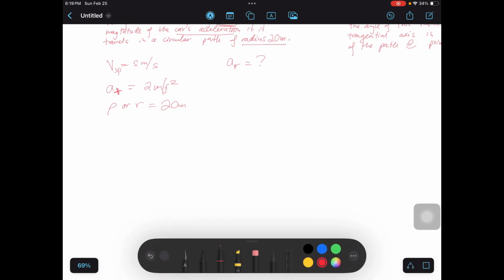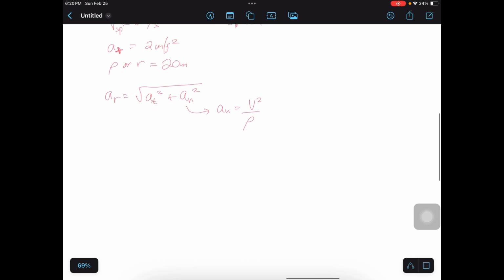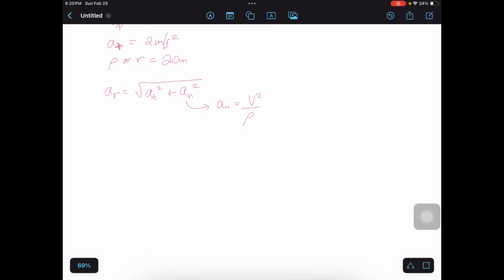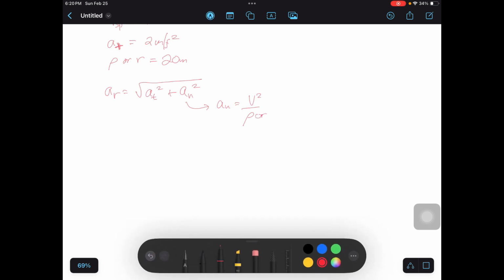So, ano ang formula natin for acceleration? Resultant acceleration, Pythagorean theorem lang. So, Pythagorean mo lang yung dalawang acceleration, yung normal and tangential component. So, ano ang formula for aN? aN is v squared over rho, or the radius. Since ang curve natin circular, so radius niya is r. So, substitute na natin siya.